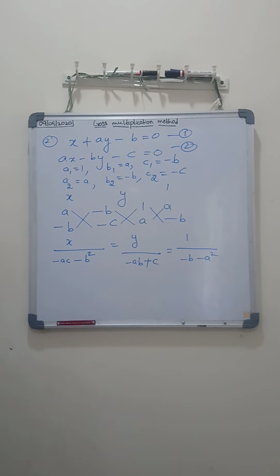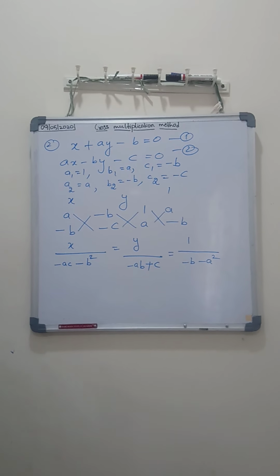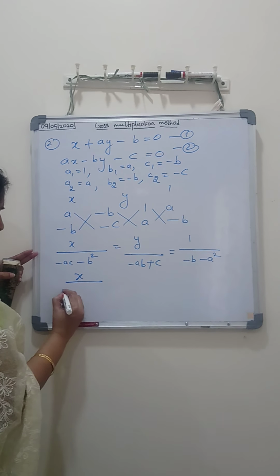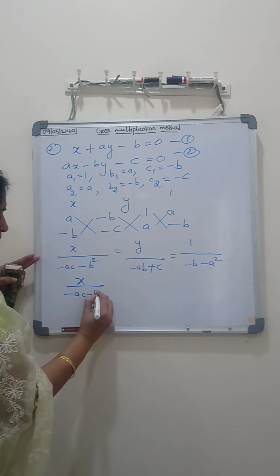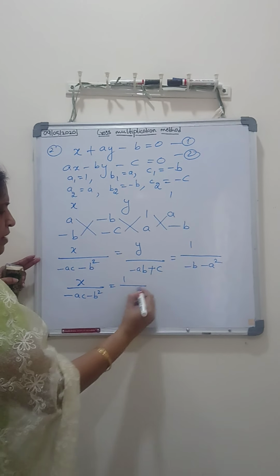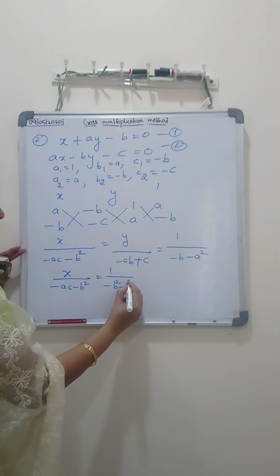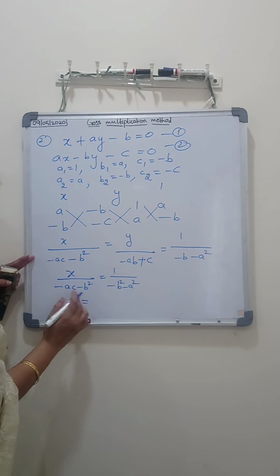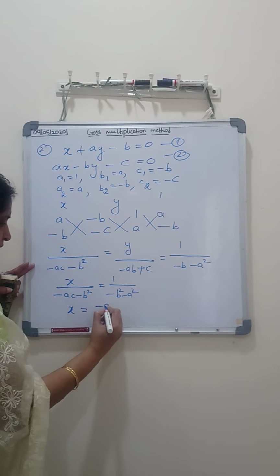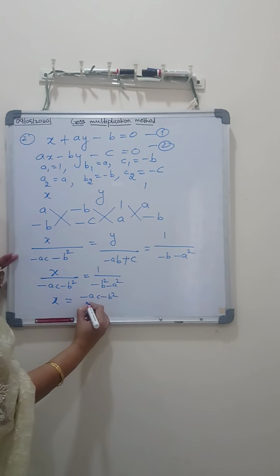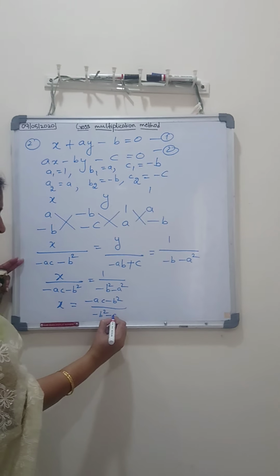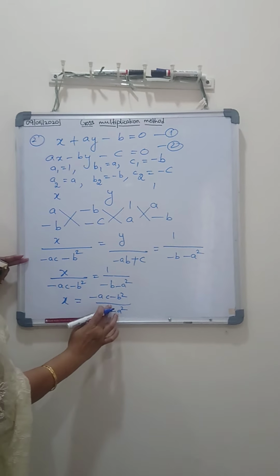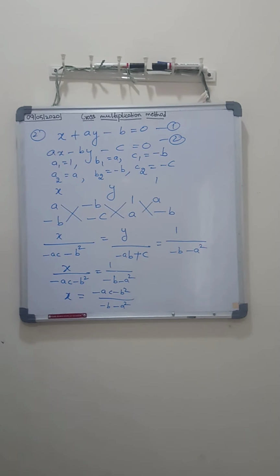Now on equating, children, you equate x to the constant and y to the constant. X by minus ac minus b square is equal to 1 by minus b minus a square, children. Now let x be here and take the denominator term to the other side. So minus ac minus b square by minus b minus a square, children.